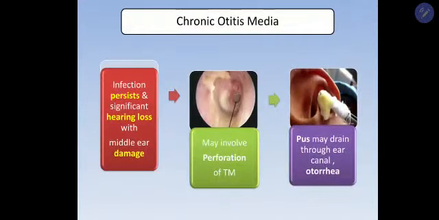So in chronic otitis media, if infection persists, obviously significant hearing loss is associated, because whenever there is a perforation in the tympanic membrane, the sound waves cannot conduct through the tympanic membrane in the proper way, and the patient will experience a hearing loss. The perforations are like this. If you see, this is the perforation.